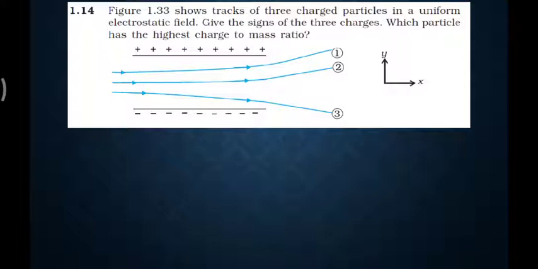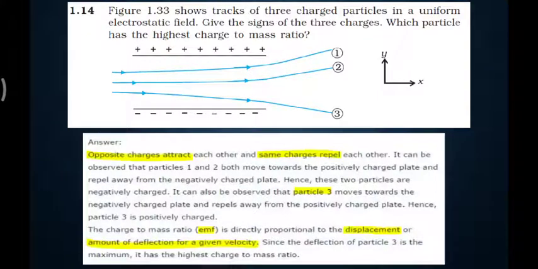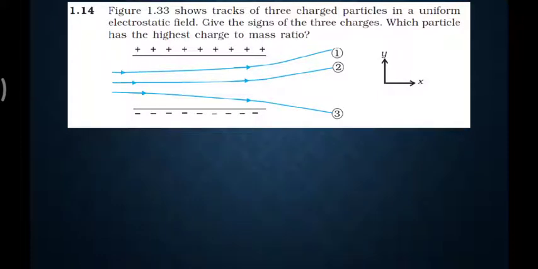So in this question we have to judge what is the charge on particles 1, 2 and 3. As per our common sense, particles 1 and 2 are deflected or repelled from the negative terminal. You can see 1 and 2 are attracted towards the positive side, and another way I can say they are repelled from the negative side. So particles 1 and 2 have to be negatively charged, because they repel from the negative; similar charges always repel.